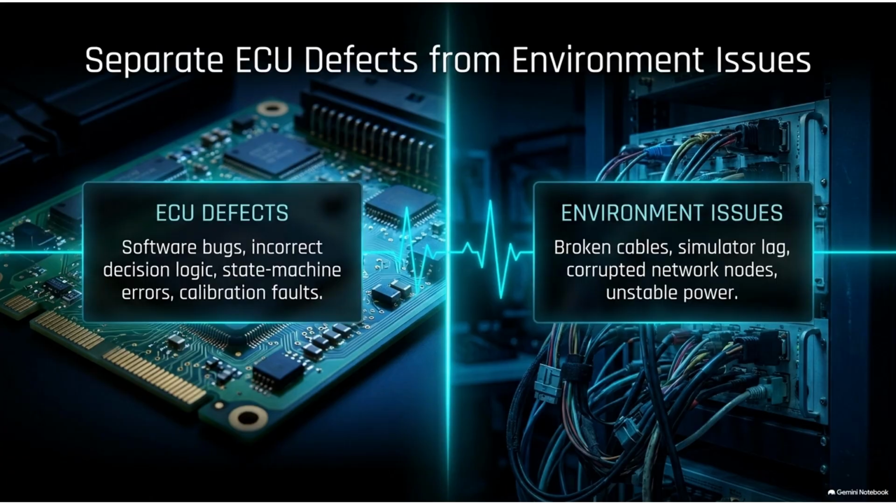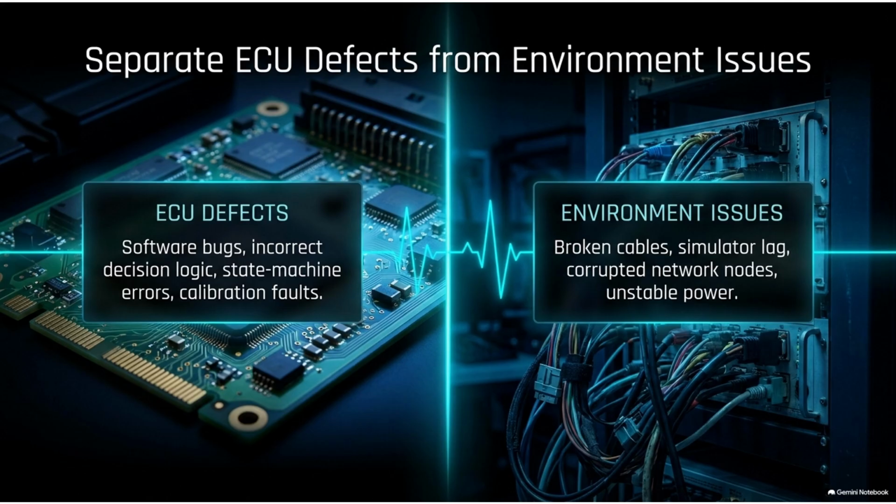This is one of the most important rules in validation. Always separate ECU defects from environment issues. If you see an ECU defect, that is a real problem inside the ECU, like a software bug you found, an incorrect decision algorithm, or a state machine error seen with automation.